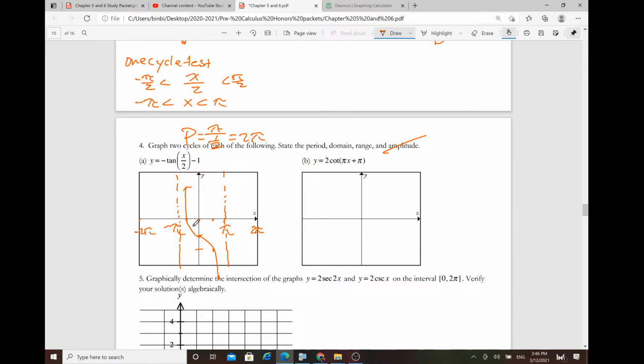Okay, so negative pi, 2 pi, so that would be 0. So pi plus pi would be 2 pi. So again, halfway through. So this one should be quite similar. Okay, so all the way down. And then this one too.